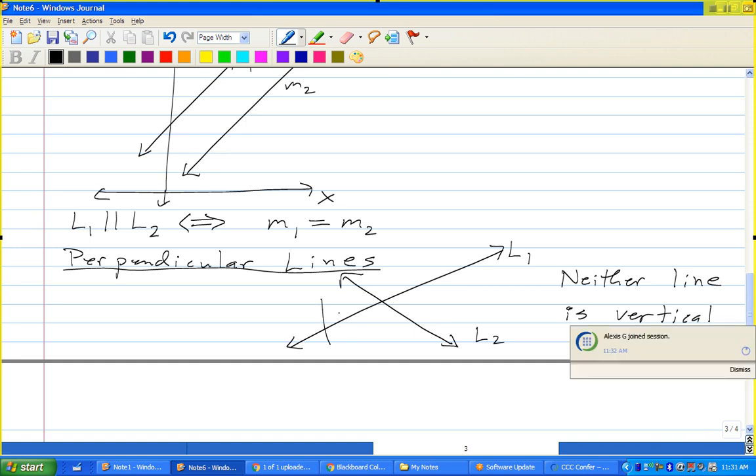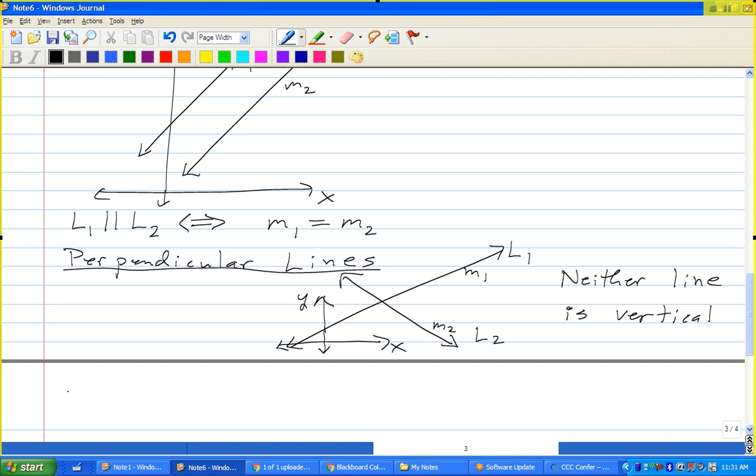So relative to some coordinate system, suppose I have this coordinate system here, and relative to this coordinate system they're not vertical. Then the slopes exist, and so call this line M1, this line M2.